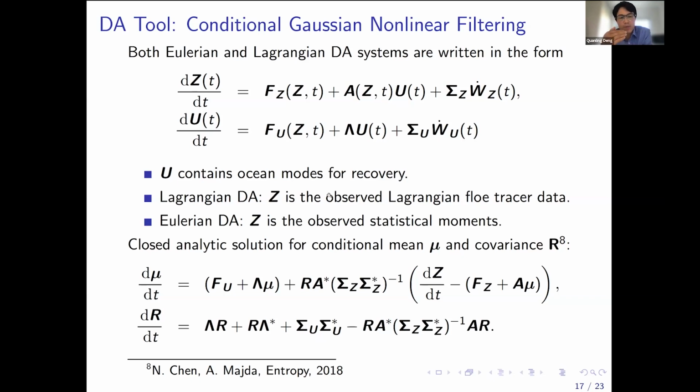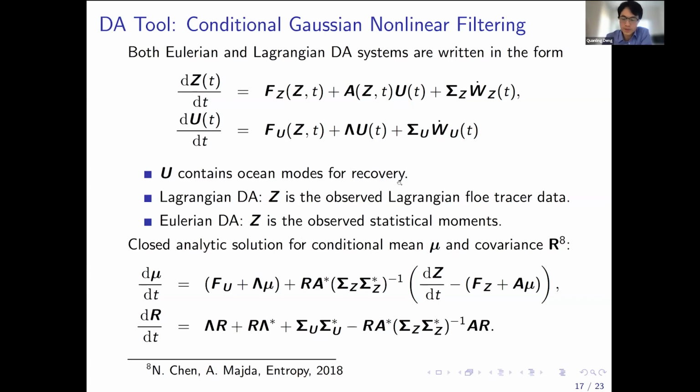In both the Lagrangian setting and the Eulerian setting, Z contains some observed data. For the Eulerian case, we have the coarse grid and need the observed data for all the cells, whereas for the Lagrangian setting, we only observe part of the particles, not all of the particle information. So this data assimilation framework has a closed analytic solution for the conditional mean and the covariance, which is given by a recent work.